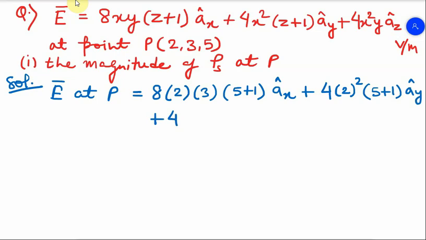What is the value of x? The value of x is 2, so 4 into 2 square, and y is 3.